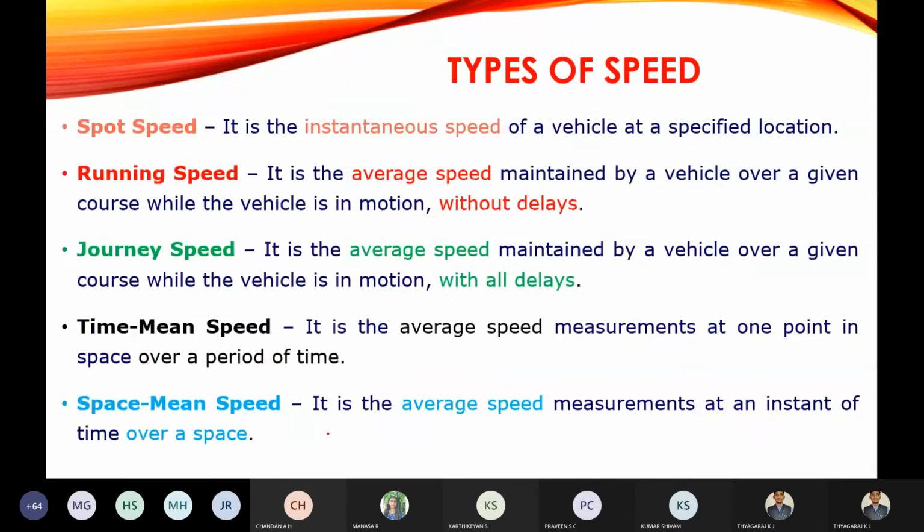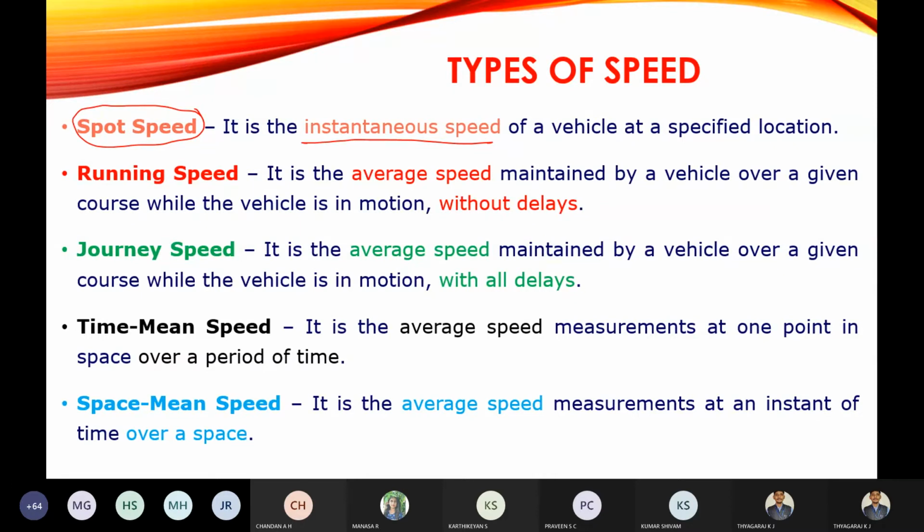Okay, now we will move to types of speed. Spot speed, what do you mean by spot speed? Spot speed is the instantaneous speed of a vehicle at a specified location. What do you mean by instantaneous? Can anybody tell?